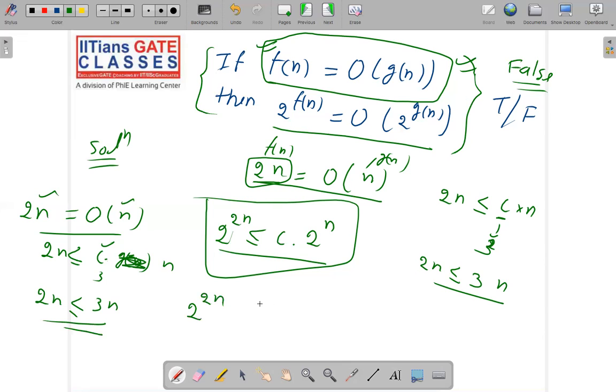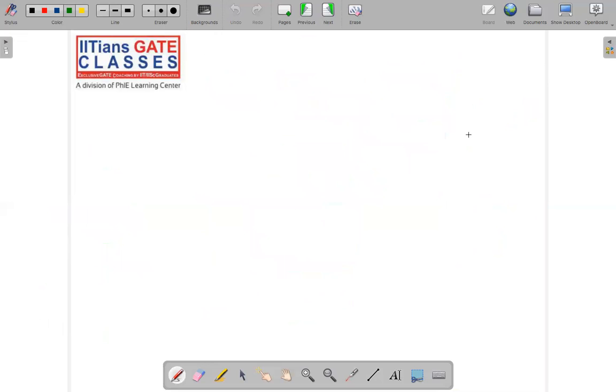So 2 raised to power 2n, could it be less than c times 2 raised to power n? No, it can never be less than that. I will increase the value of n significantly such that you won't find a value of c which satisfies this condition. So this cannot hold. Remember this: 2 raised to power 2n is not equal to order of 2 raised to power n. There are many GATE and PSU questions which come around this. This is quite important.